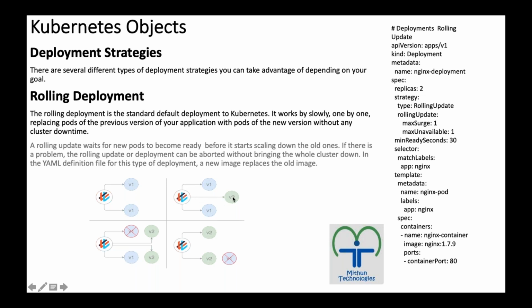First, it is creating one new pod with the changes. Once this pod is ready, it is going to terminate one old pod. So if this is happening in this stage, we still have old pods. In that case, will our service route the traffic to these pods when this phase is happening?